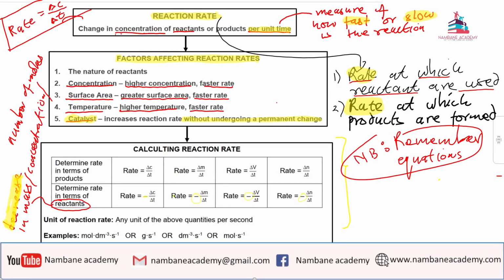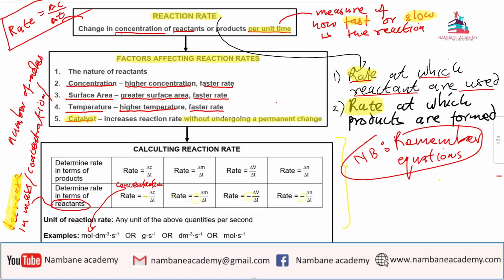If I am given concentration, this equation will become the change in concentration over change in time. And this will link to the first SI unit, which is mole per decimeter cubed per second.